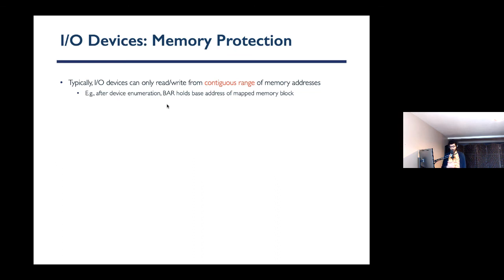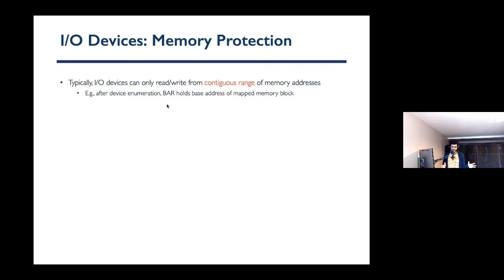Now that we're mapping devices to memory, do you need protection as well? Many systems don't have protection for devices. They're assuming that the devices are well behaved. And usually devices in those systems actually know the physical memory and they communicate using physical addresses because they know their base.